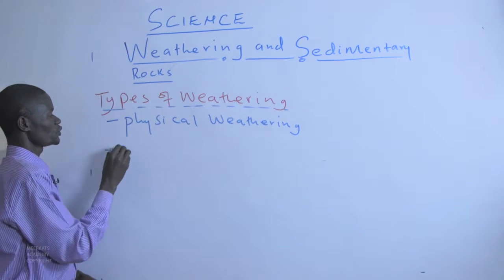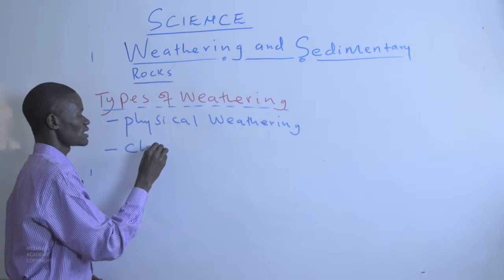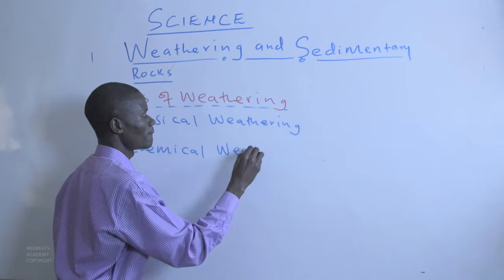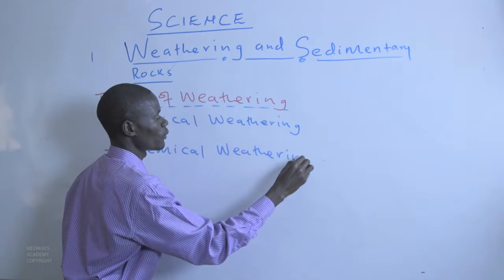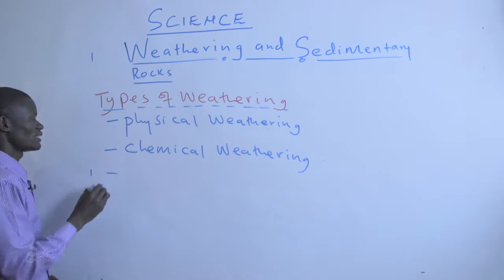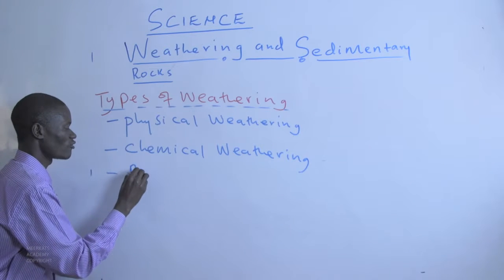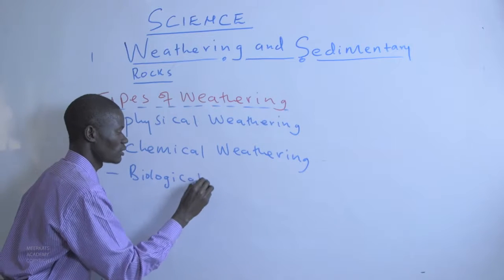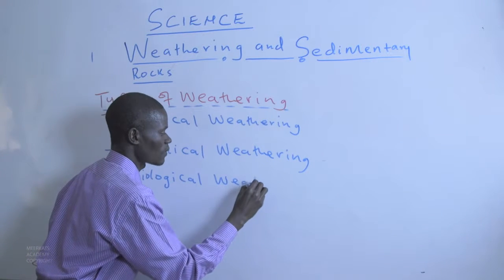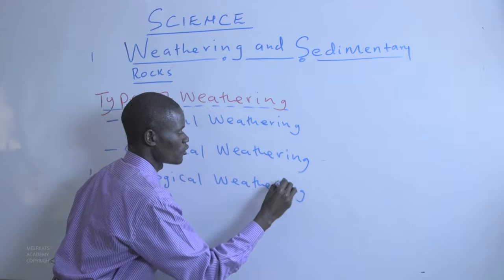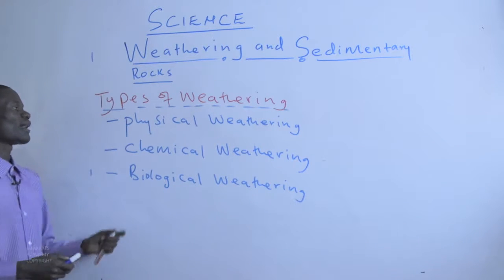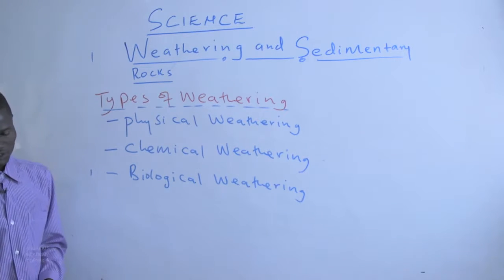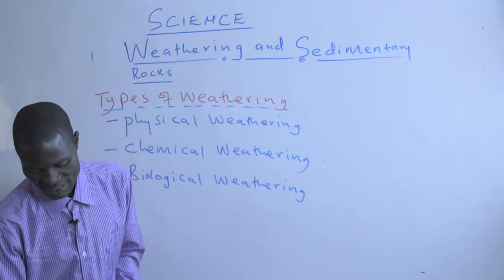Two, we have chemical weathering. And the third one is biological weathering. We shall look into the aspects of physical, chemical, and biological weathering in detail.